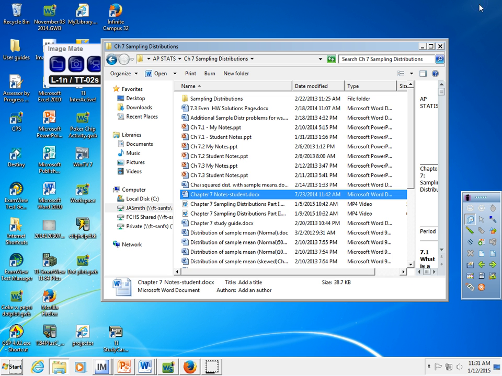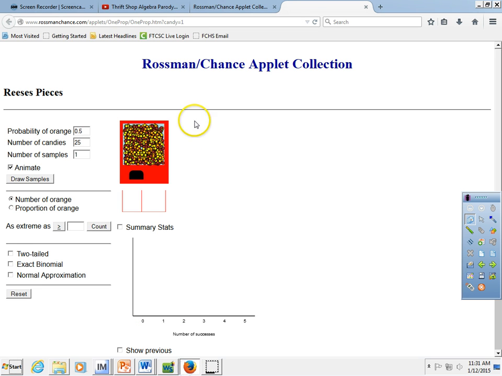To take a look at what happens when we start looking at sample proportions, there's an applet out there called a Reese's Pieces applet, and it's in a collection of applets on the website rossmanchance.com. Someone has collected a bunch of different animations to help explain a lot of different mathematical concepts, and the bulk of them are statistical in nature. So it's a pretty good resource if you need a little bit more clarification.